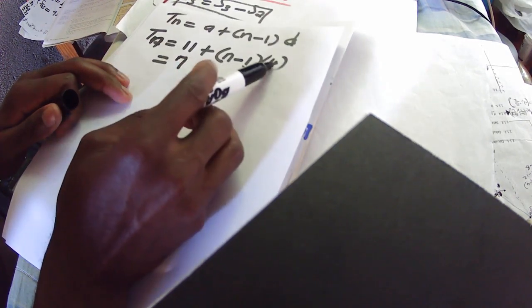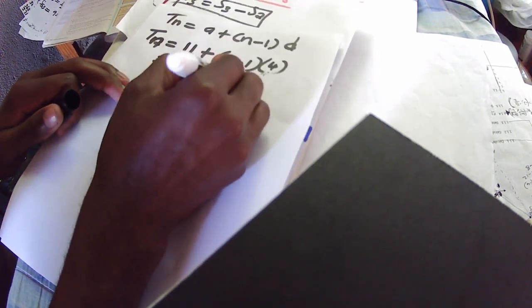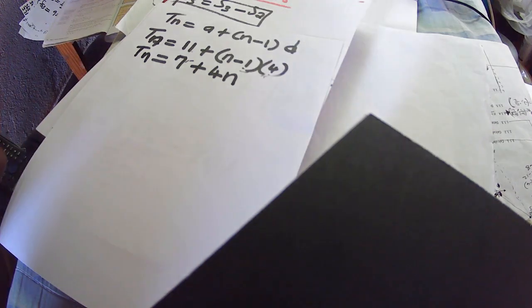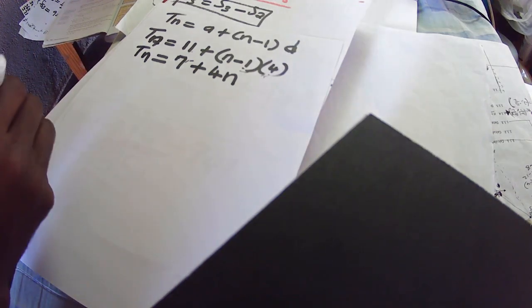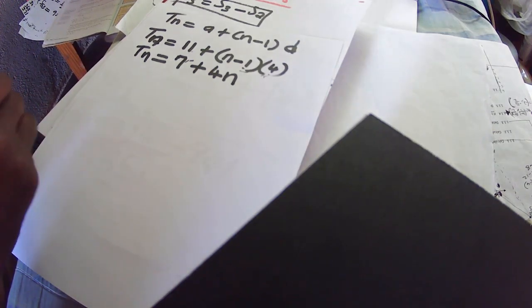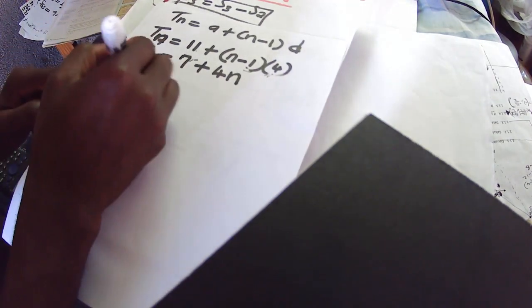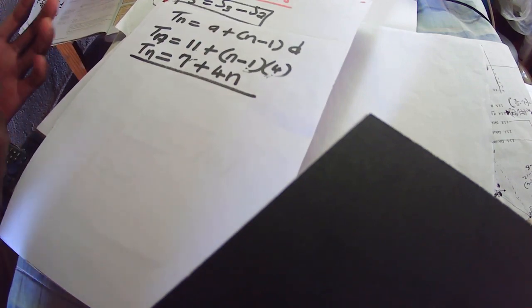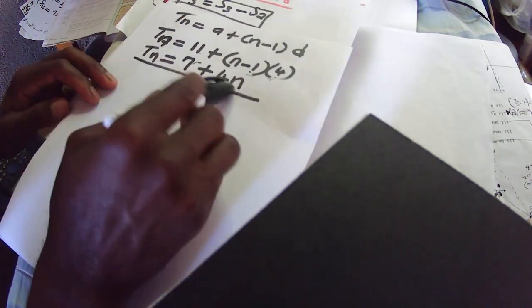So 11 minus 4 gives 7 plus 4n. So Tn is equal to 7 plus 4n. That is the formula of the nth term, but they say we should determine the 12th term by using this formula.